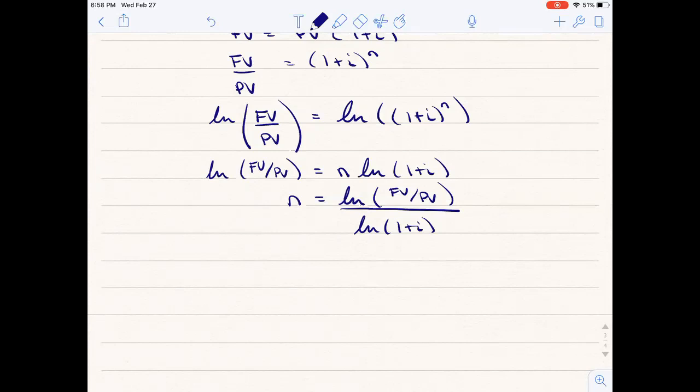Knowing how to solve for these trickier ones. But besides that, no, you don't need to know how to solve for it. Okay? So, any questions about solving for it though? Then let's do an example.